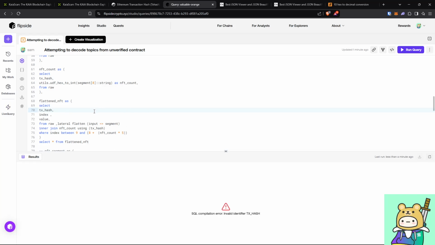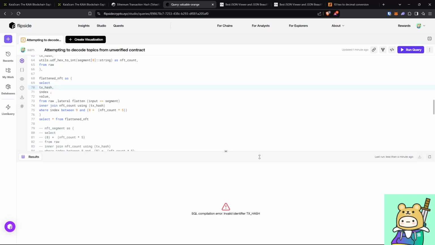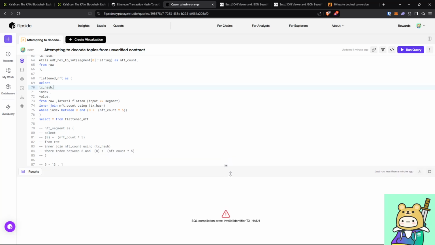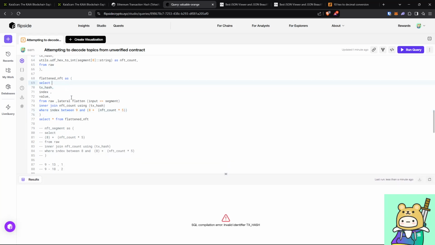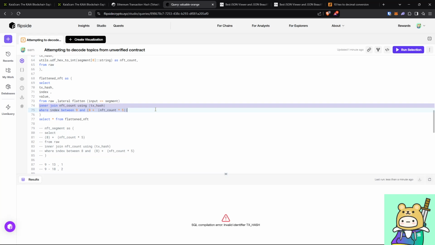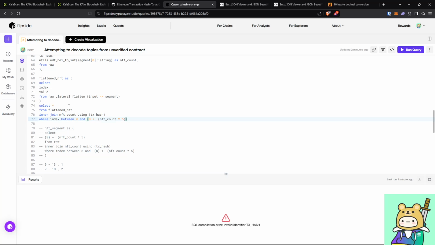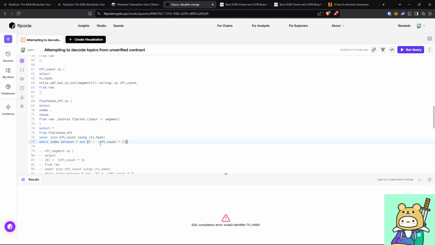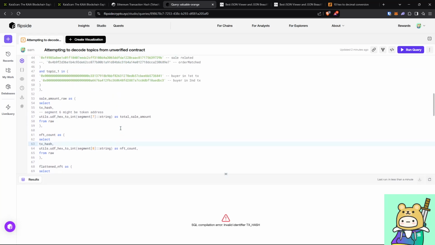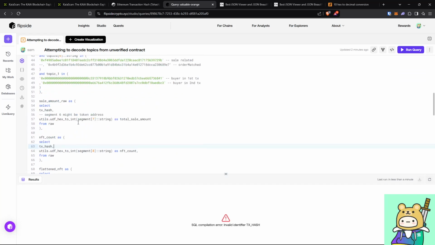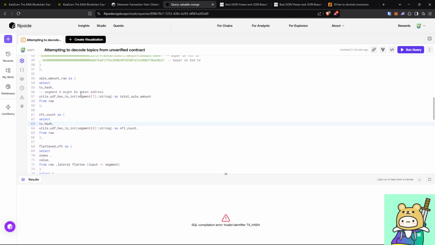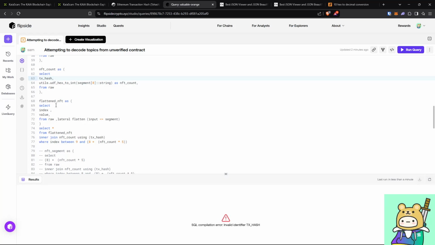Because of the weird way I'm joining. Okay, fine. Let's take it out then. Select all from flatten NFT. Join. So like this. Hash. Raw is TX hash.